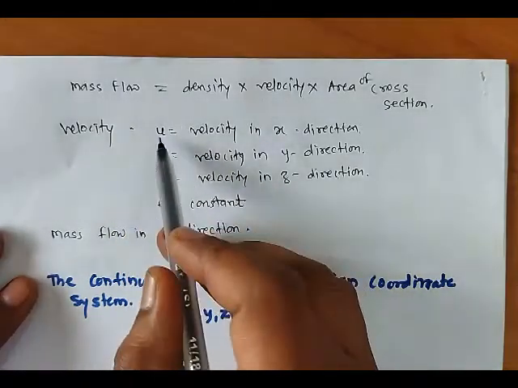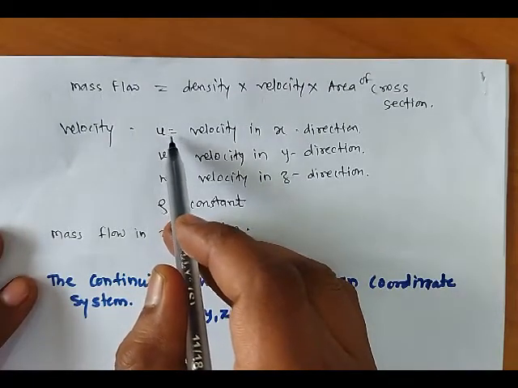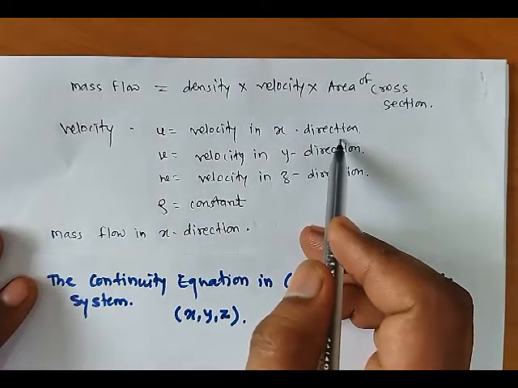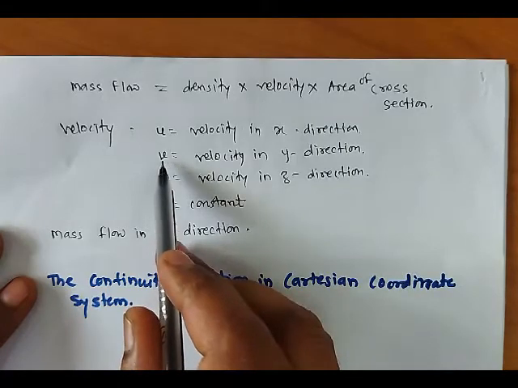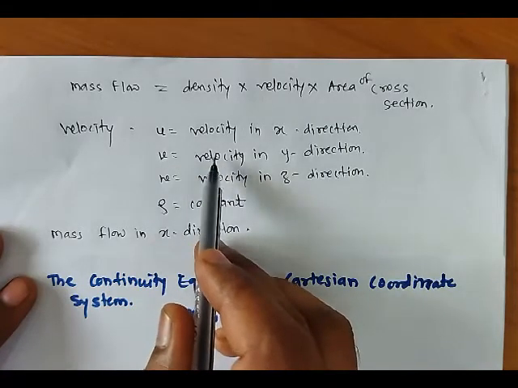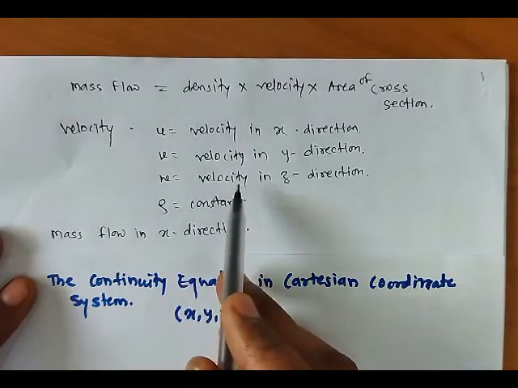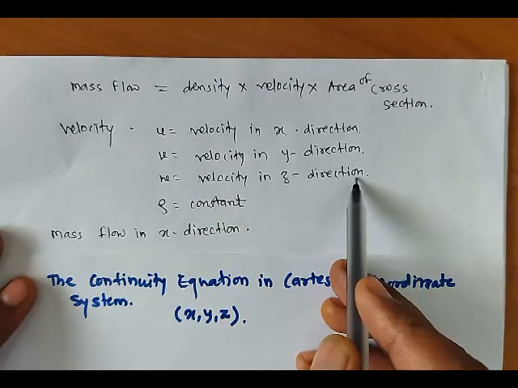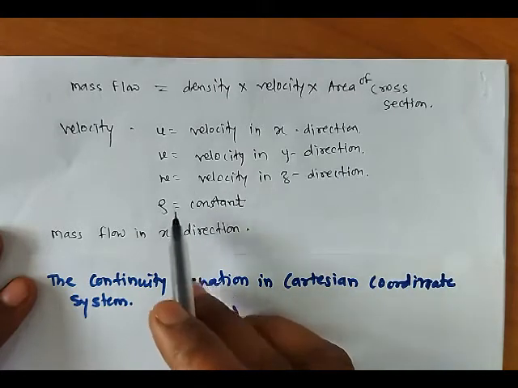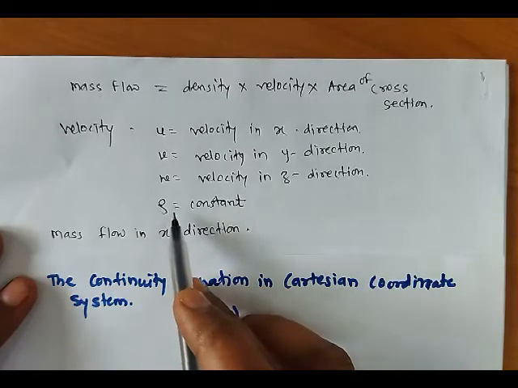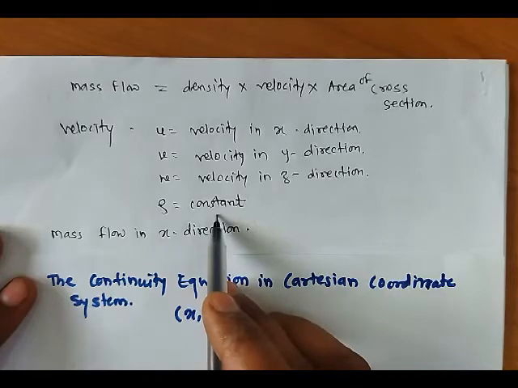Here small u is the velocity component in the X direction, small v is the velocity component in the Y direction, and small w is the velocity component in the Z direction. Here we have considered the fluid having constant density, so rho is equal to constant.